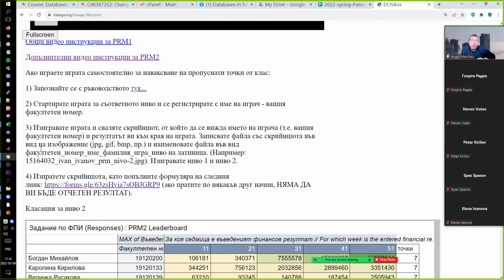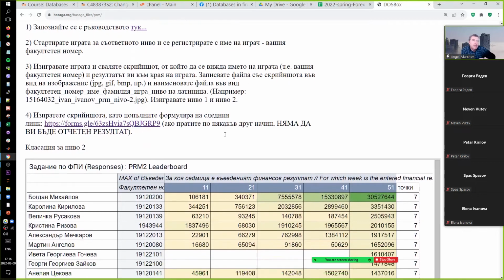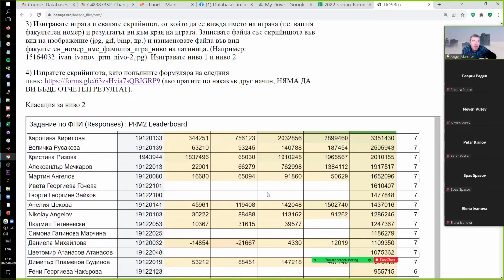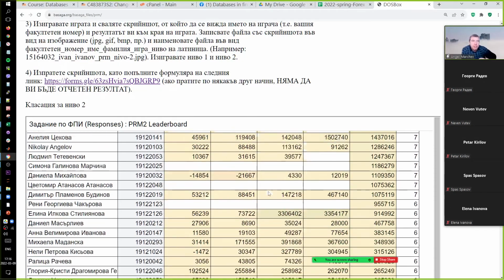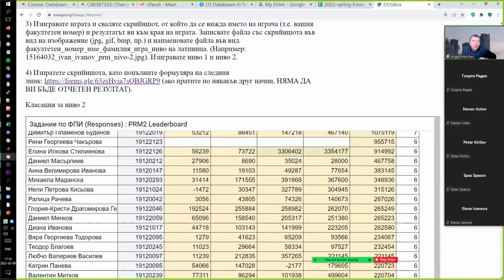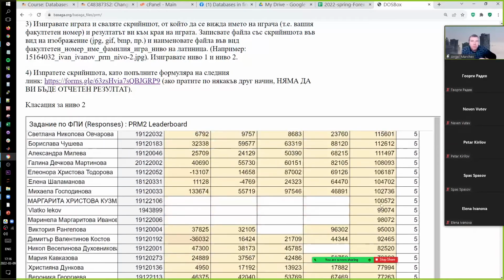Actually, I'm going to send a translated version of these instructions in the announcement. And here I'm going to, of course, remake the leaderboard. I'm going to leave the leaderboard with these boundaries for your points.